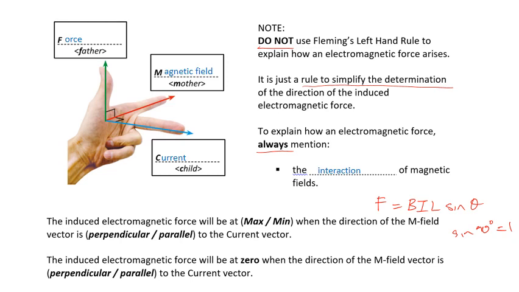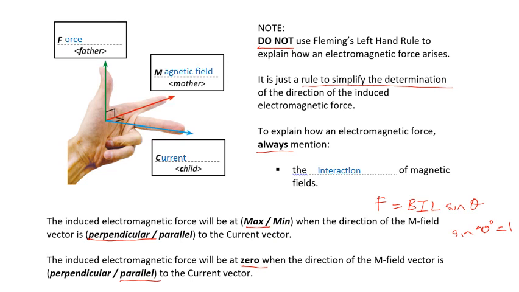So what we can see here is that the induced electromagnetic force is at the maximum when the direction of the magnetic field vector is perpendicular to the current vector. However, if the current and the magnetic field are in the same direction, then the induced electromagnetic force is zero, when the magnetic field vector is parallel to the current vector.